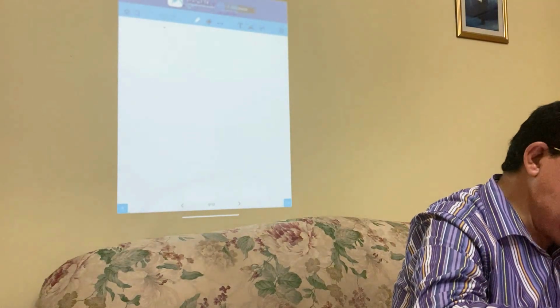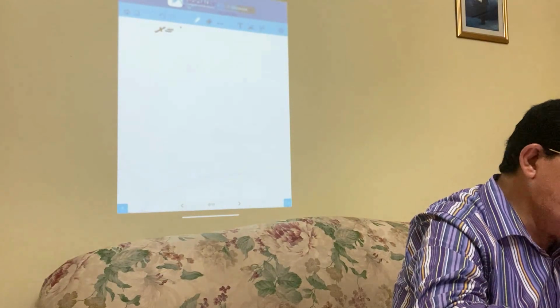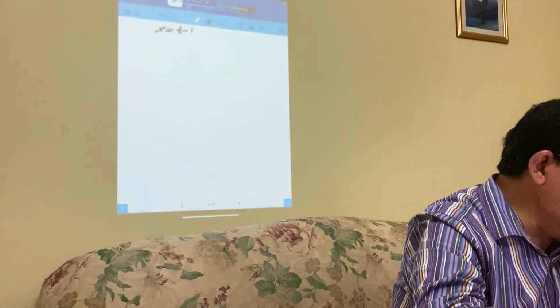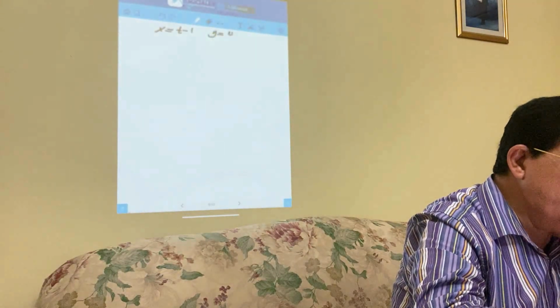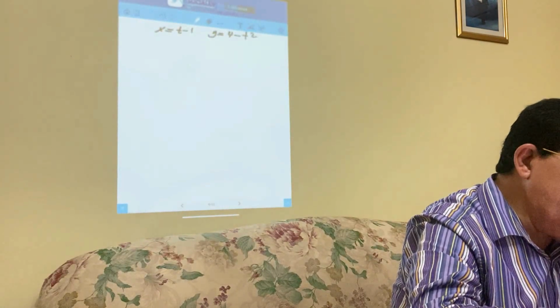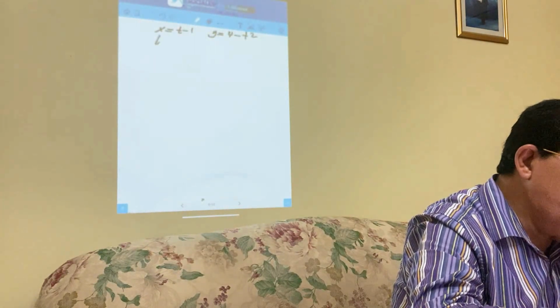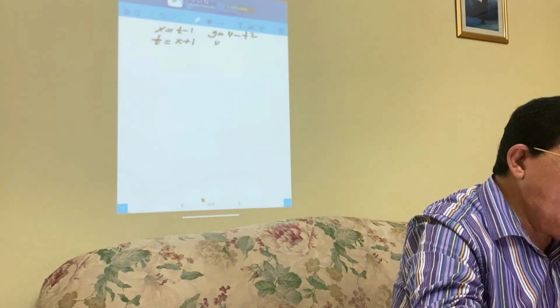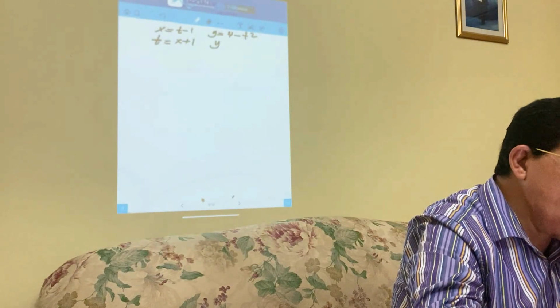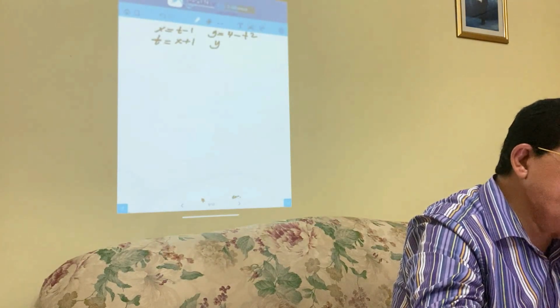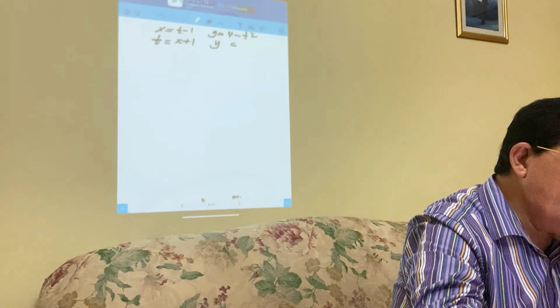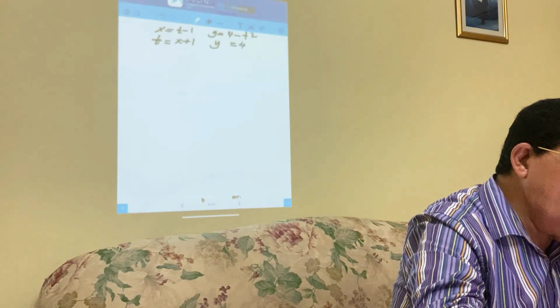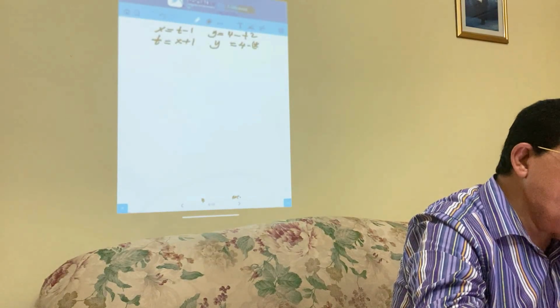We were given x equal t minus 1, and we're given y equal 4 minus t squared. From here we say t equal x plus 1. We substitute here, y equal 4 minus (x plus 1) squared.